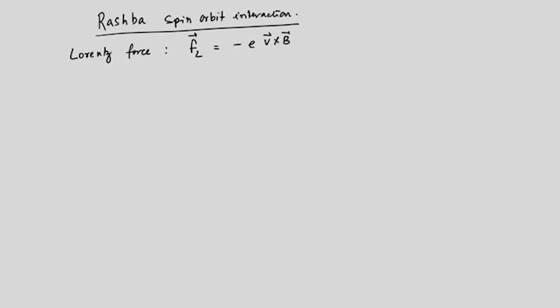Because the electron also has spin, which we must necessarily include in our discussion, there is also a Zeeman energy, let's call it E_z, equal to mu_B sigma dot B. One is a force, the other is energy. Here mu_B is called the Bohr magneton, which has a value of 9.27 times 10 to the power minus 24 joule per Tesla.